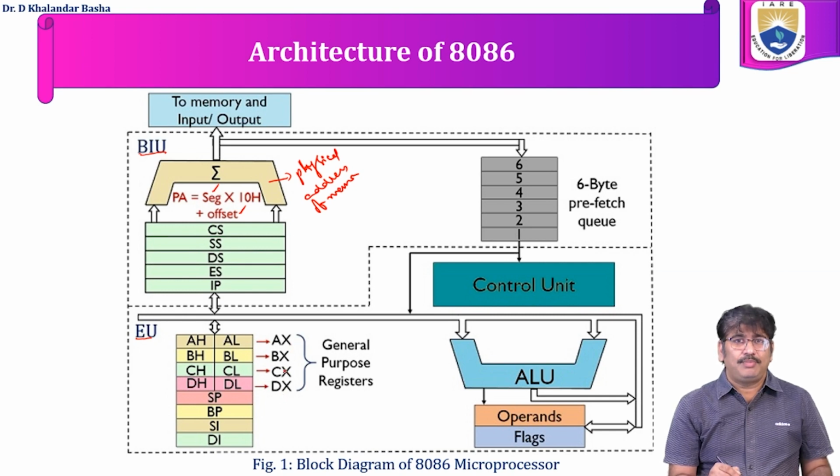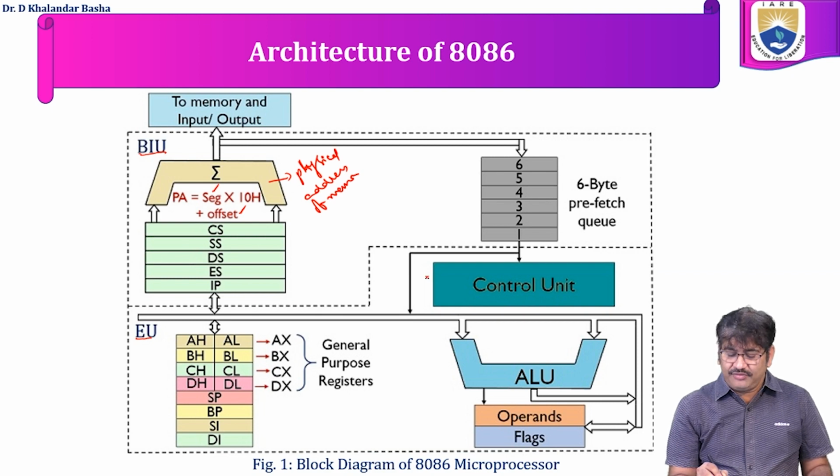For 8-bit applications, we can have 8 registers: AH, AL, BH, BL, CH, CL, DH, DL. Apart from that, 2 pointers: stack pointer and base pointer, and 2 index registers, that is source index register and destination index register. So all the register banks are available in the execution unit.